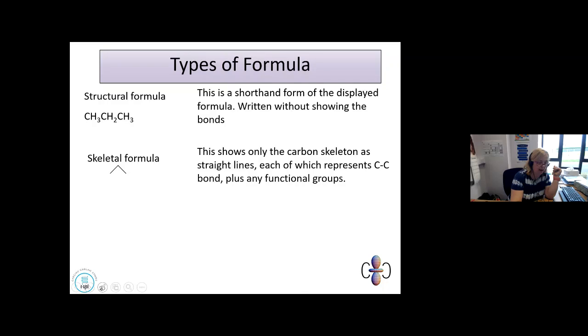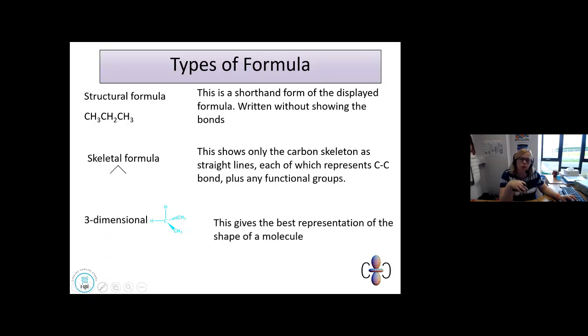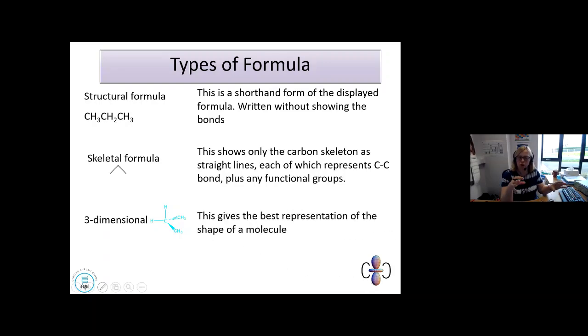Okay, if I go back to the next one then you've got the next one, which is 3-dimensional. This plays a part, if you think back to, I think it was Mr. Black's session last week, in fact, where he did the VSEPR. So 3-dimensional shows you not only what is present and what's bonded directly to each other, but it also gives you a representation of the shape it would orientate itself into according to the VSEPR theory.